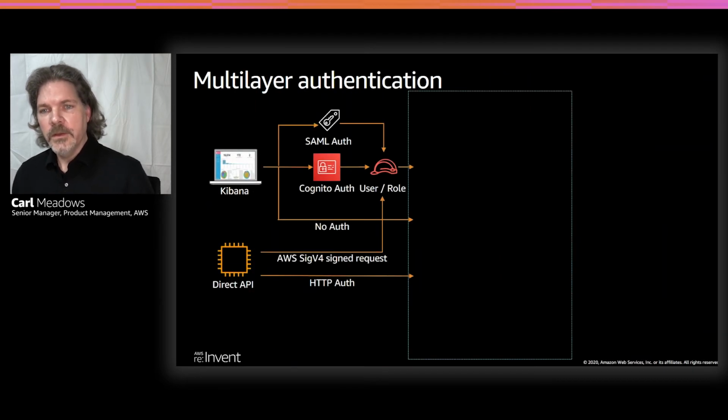So we'll walk through the authentication flow just so you have an idea of how this actually works. There's multi-layered authentication here, whether your calls are coming in through a Kibana interface or directly to the API.